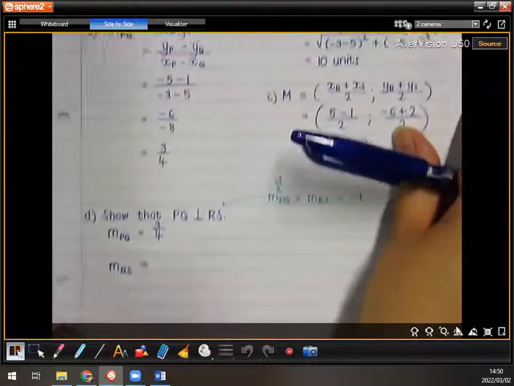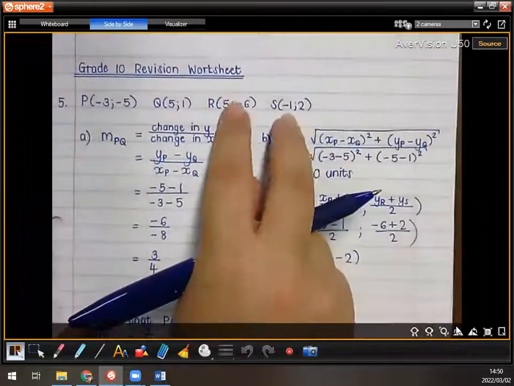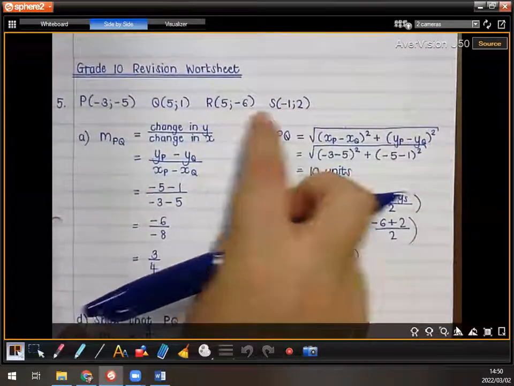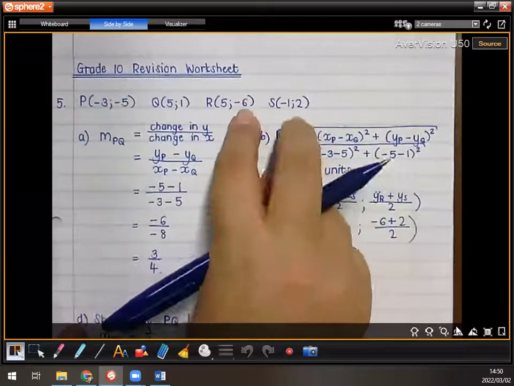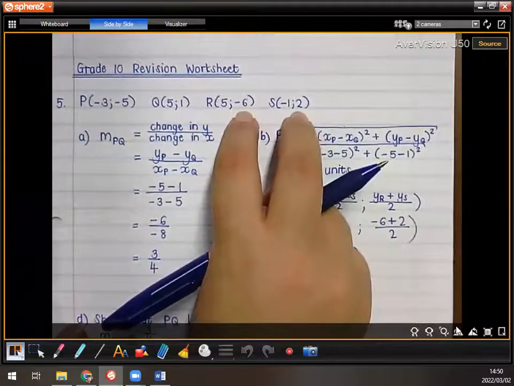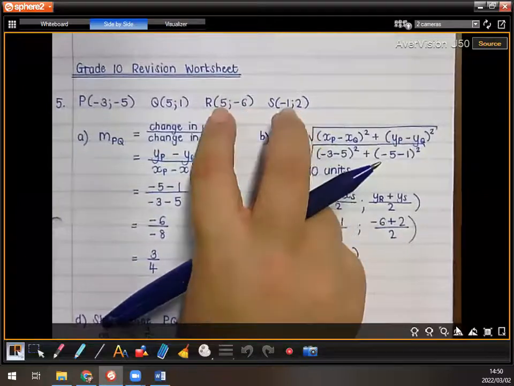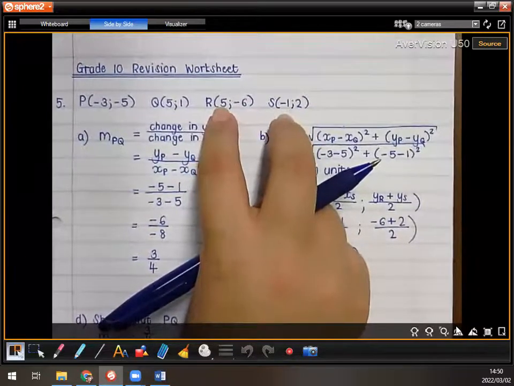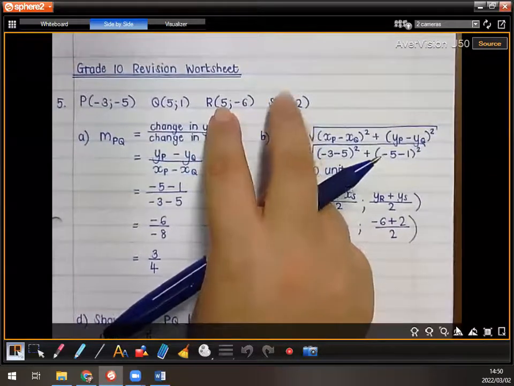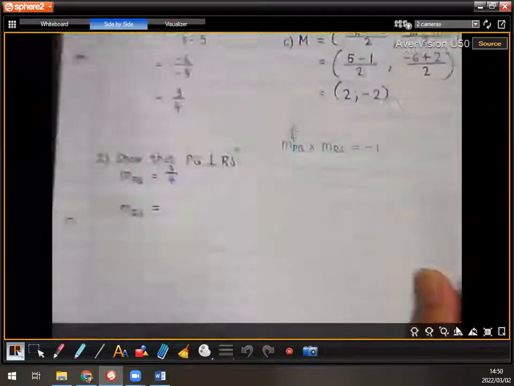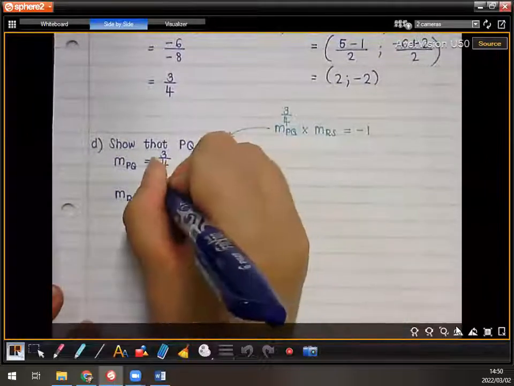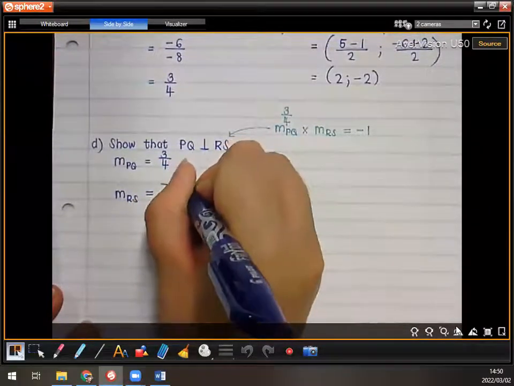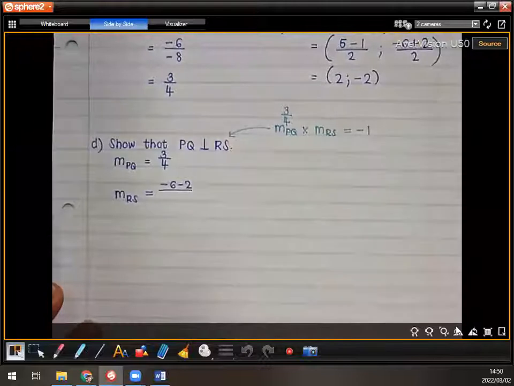Okay, just quickly, we're going back up to R and S. Those are the coordinates. So we're going to say change in y, so we're going to do -6 minus 2 at the top, over change in x, 5 minus -1. Right? When you are minusing, you need to minus the whole thing, even if it's negative.